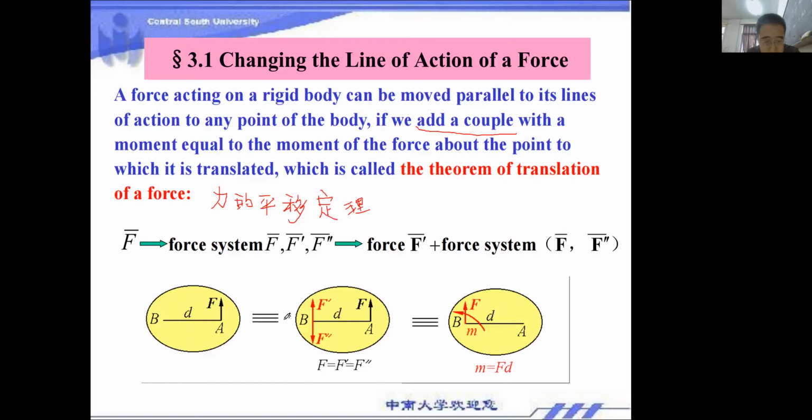Right? So let's see. You guys pay attention to these three figures. They tell us why we can have this theorem of translation of force. Let's see. We have a body here.